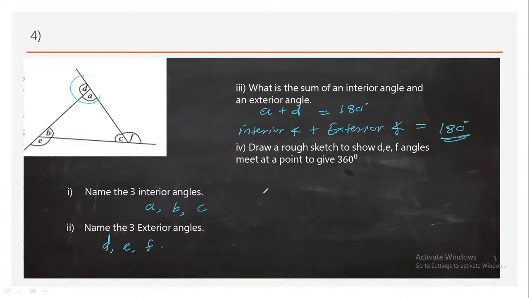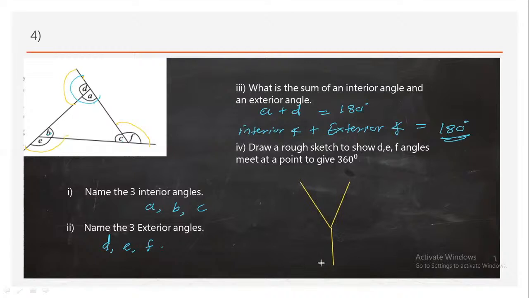Next question. Draw a rough sketch to show D, E, F angles meet at a point to give 360. So what I am going to do, I will remove this D separately. Remove this E separately. I will remove this F also separately. And I will take them here like this.